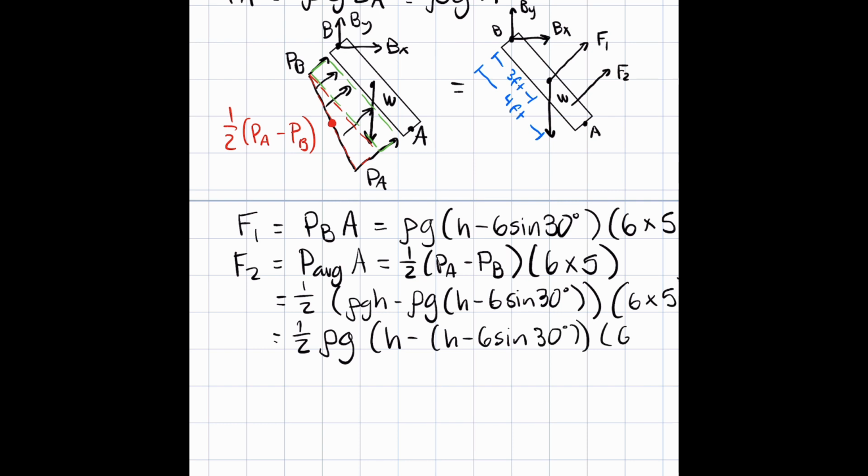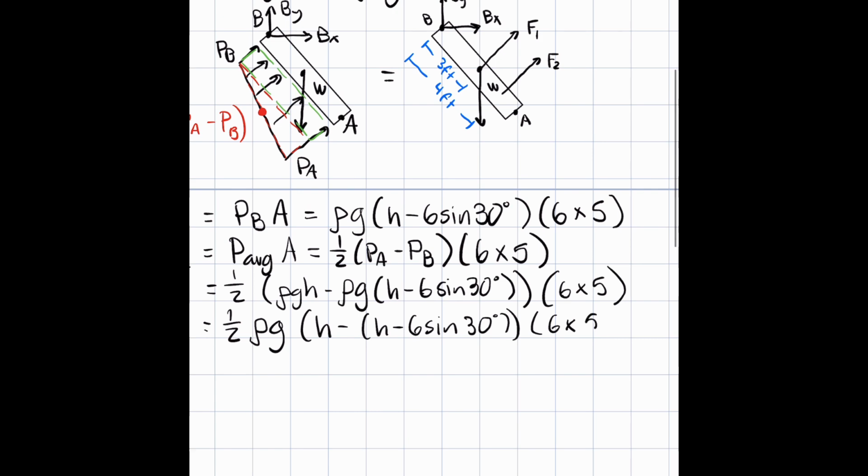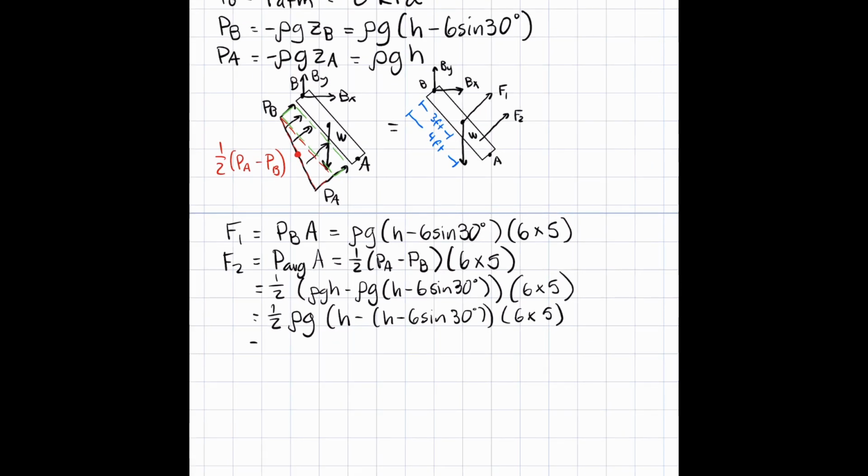And that simplifies very neatly to 1/2 rho G. The H's will cancel, 6 sine 30 degrees times 6 times 5. And I'm going to simplify both of these 6 times 5 terms into 30.